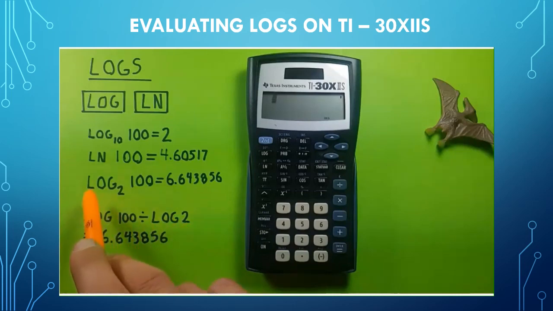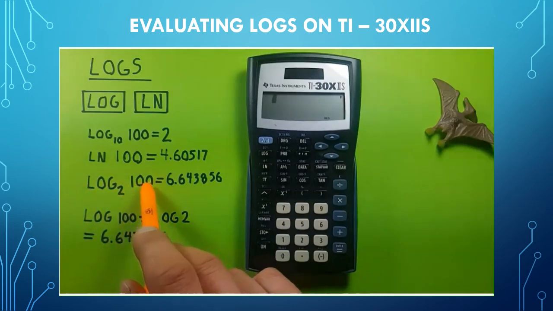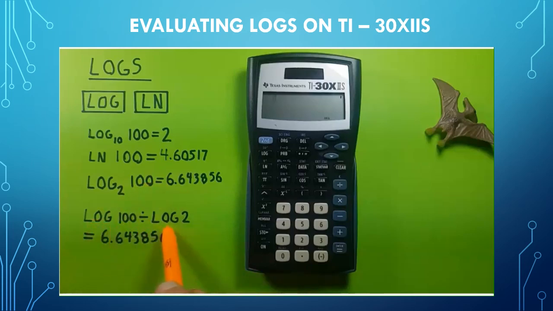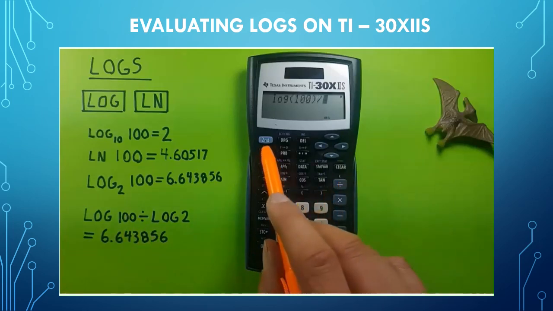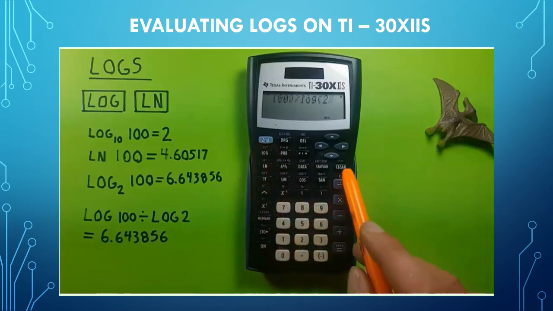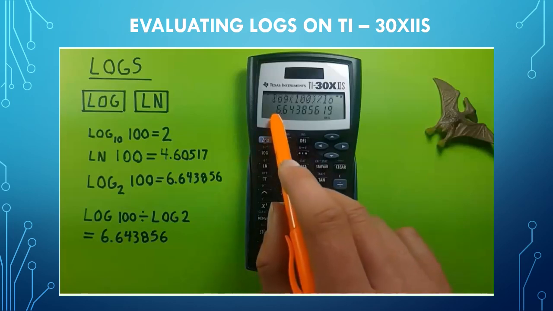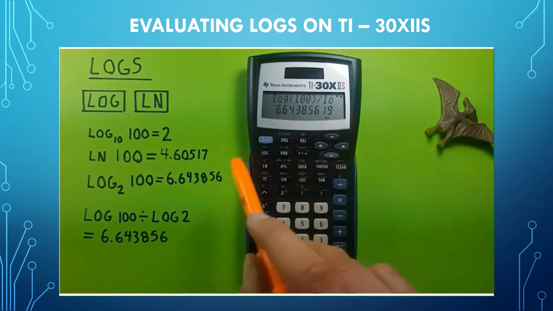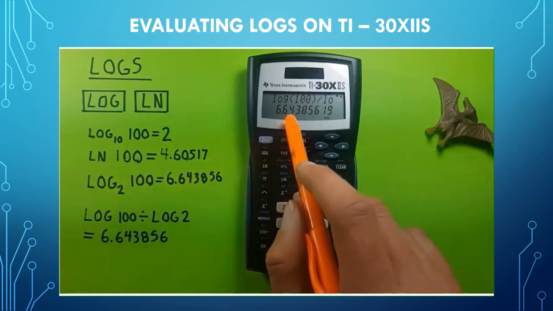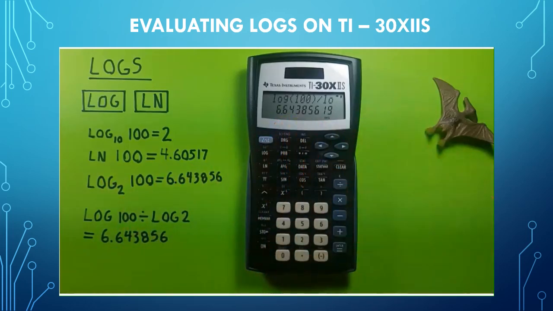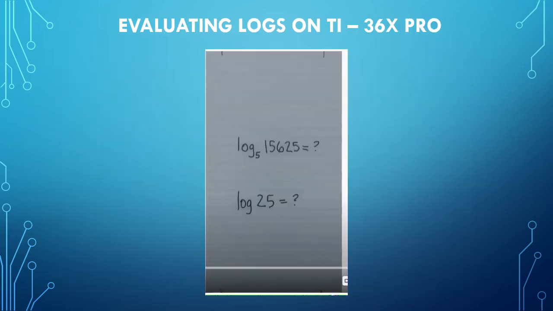So, for example, if we wanted to find log base 2 of 100, we would enter log of 100 divided by log 2 equals. And this gives us the answer of log base 2 of 100, which is 6.643856, etc.